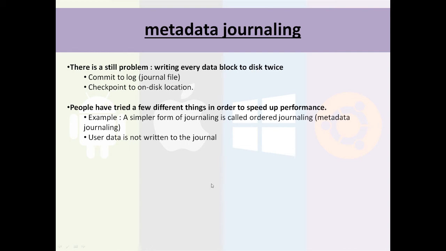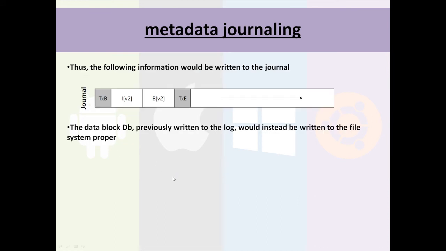So people have tried a few different things in order to speed up this performance. One way is that they came up with a simpler form of journaling, called ordered journaling, or simply metadata journaling. In this approach, it's pretty simple. All you do is you don't write the data component to the journal.